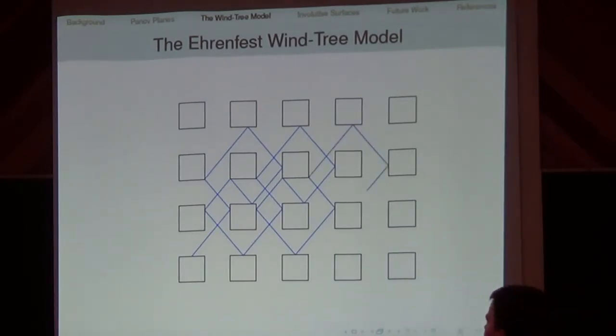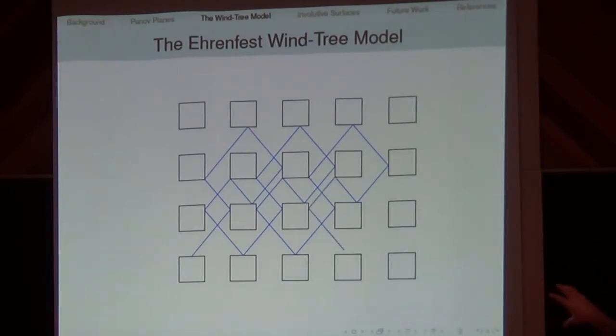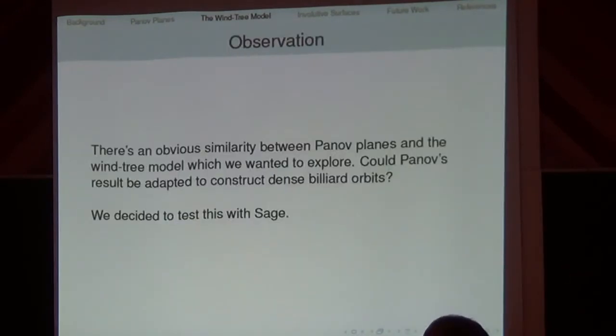So just remember the wind tree model is this billiard table where you have these periodic obstacles at the lattice integer points in the plane, and you have a billiard that's bouncing around. Okay. So since we had these dense trajectories in the case of the Panov plane, and we had this thing that looked similar to this wind tree model, we wanted to know if the same trajectories for the same size obstacles and everything would be dense for the wind tree model.